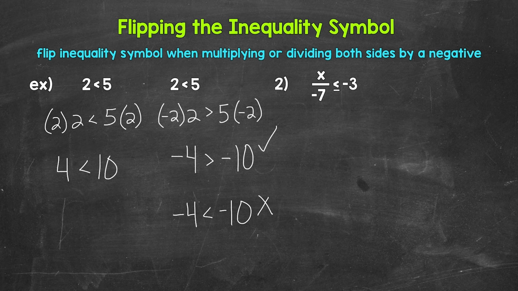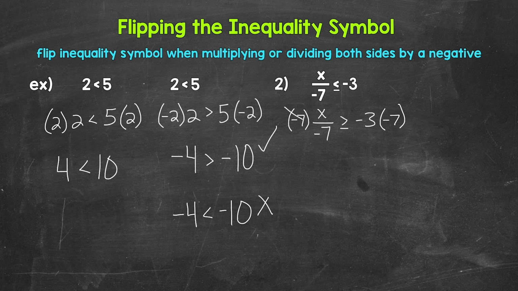So we need to multiply both sides by negative 7. So let's rewrite this, and we are multiplying both sides by negative 7. And since we are multiplying both sides by a negative, the inequality symbol needs to flip. So that inequality symbol needs to change direction as soon as we multiply both sides by a negative in order for this to be true.